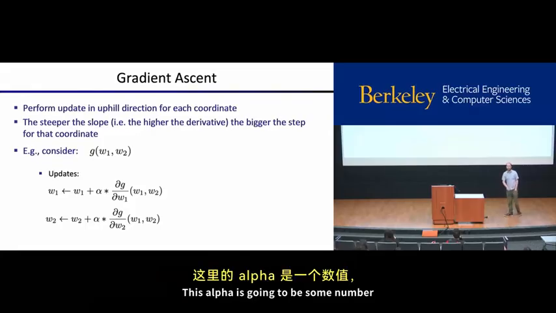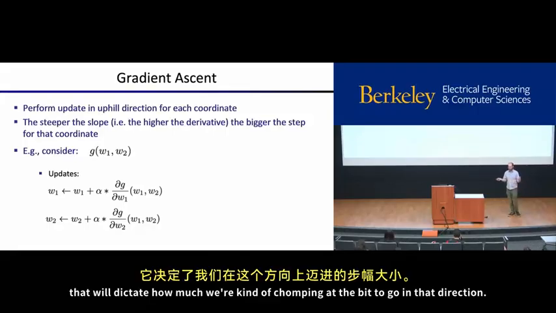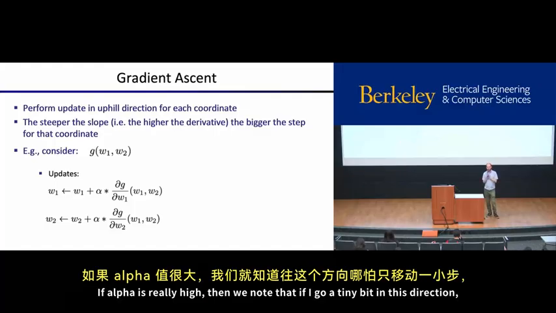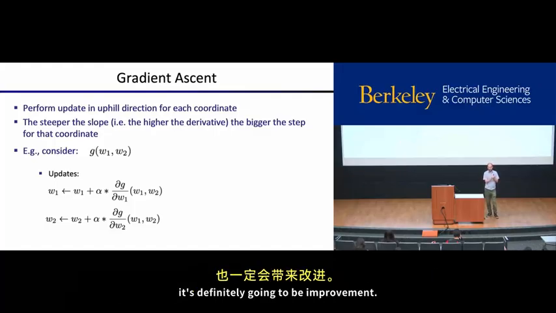This alpha is going to be some number that will dictate how much we're chomping at the bit to go in that direction. If alpha is really high, then we note that if I go a tiny bit in this direction, it's definitely going to be improvement.